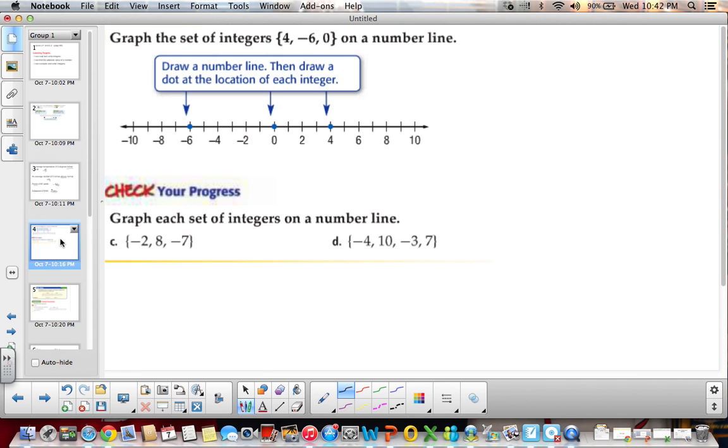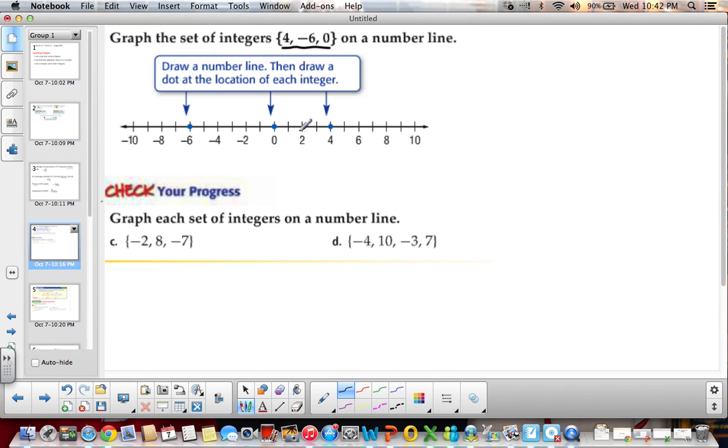If we are given some integers and a number line, we need to know where to place them on a number line. Remember these brackets tell us what numbers are included in our set. These brackets tell us that right now 4, -6, and 0 are our set of integers.